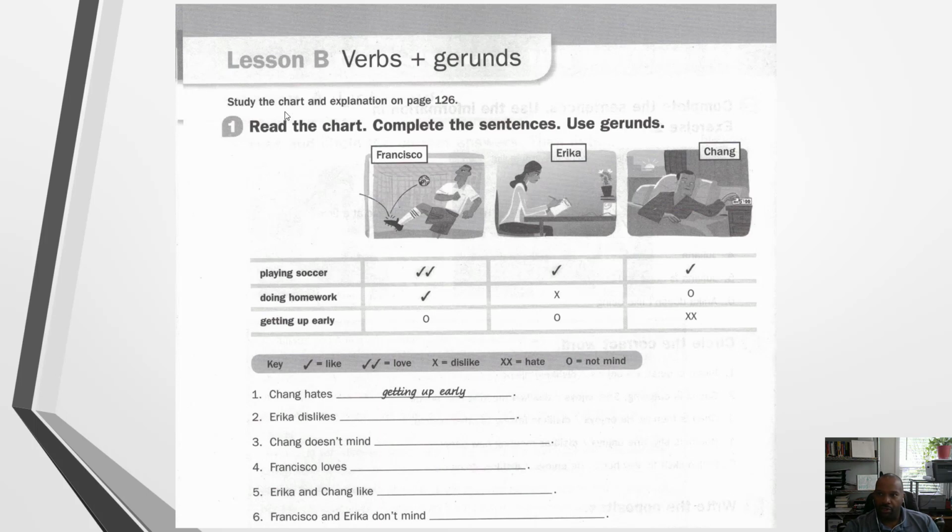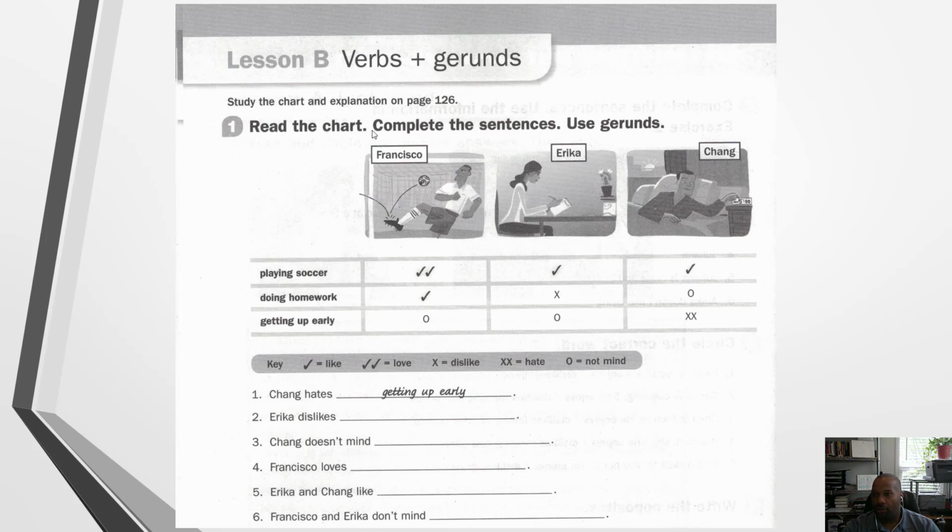So we've pretty much done the explanation of gerunds, but if you want to, please use page 126 in your workbook as another reference to go over gerunds and how we use them in statements. For instance, I love, she loves, he loves, they love, you love, and we love. Okay?